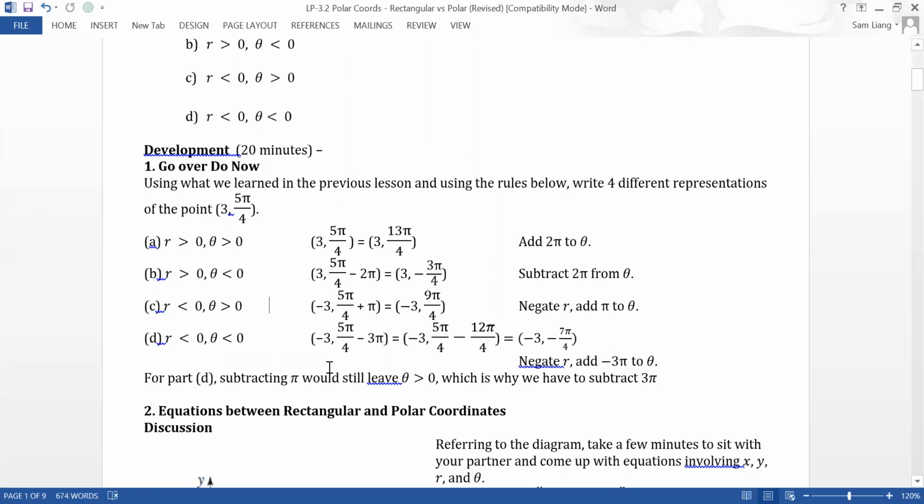So it's going to be negative 3 here, and then 5 pi over 4 minus 3 pi. 3 pi you can see as 12 pi over 4, and you're going to get negative 7 pi over 4. Again, just to check, if you subtract pi, you get 5 pi over 4 minus 4 pi over 4, which is positive pi over 4. But we need a negative angle here. So that's why we have to subtract the next option, which is 3 pi.